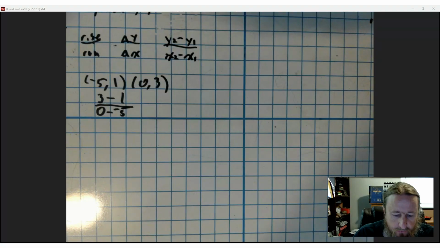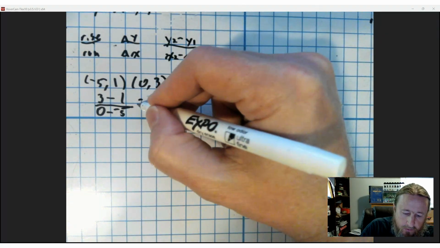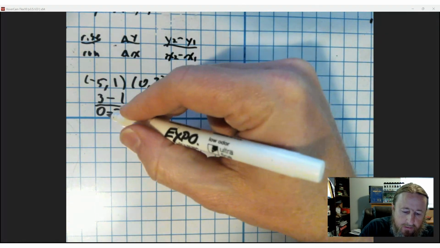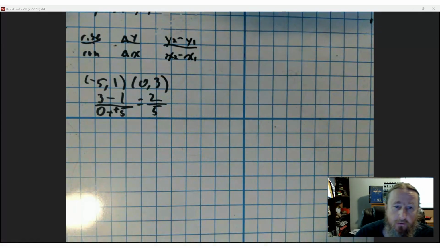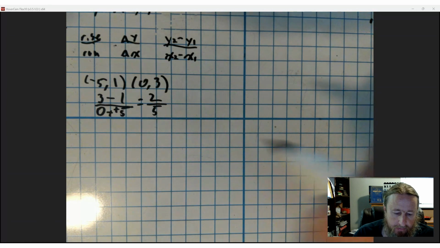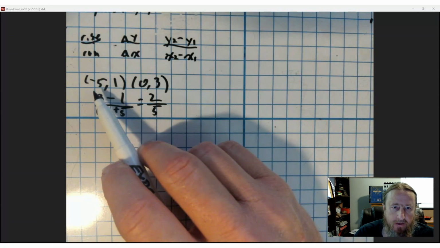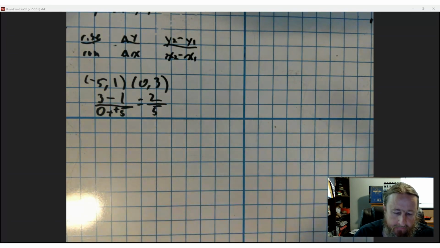Now all we have to do is do the math. 3 minus 1 is 2. 0 minus a negative 5 becomes plus 5. So the slope on this line is 2/5. Because that 5 is negative in that first point, minus a negative, we get plus 5 for that slope of 2/5.